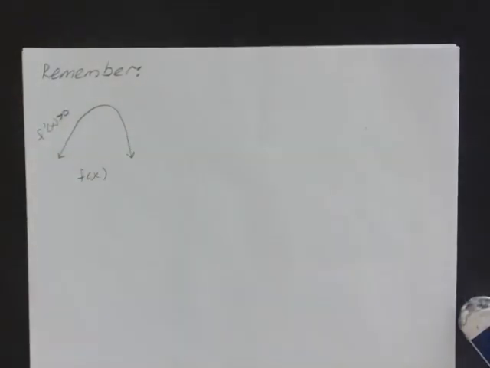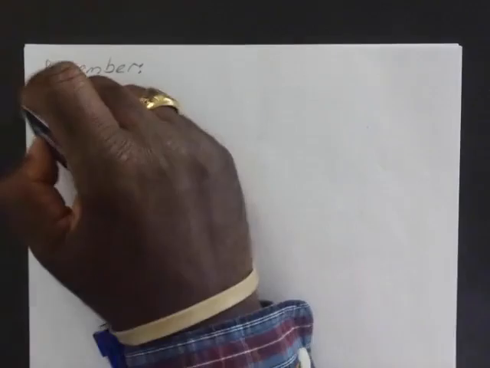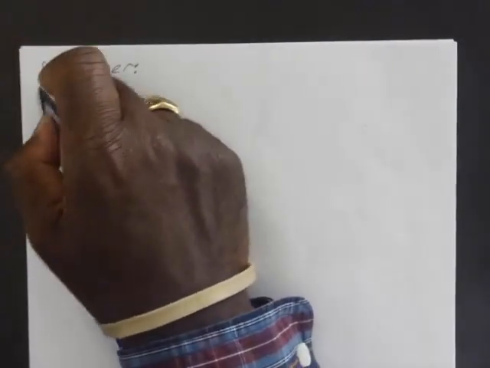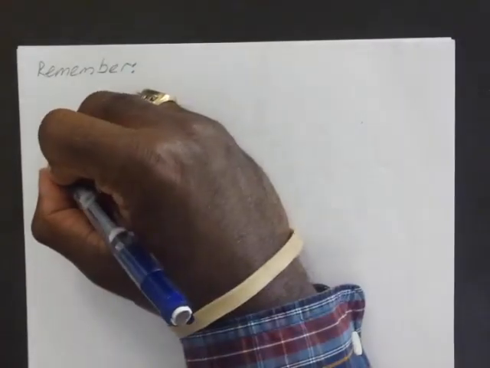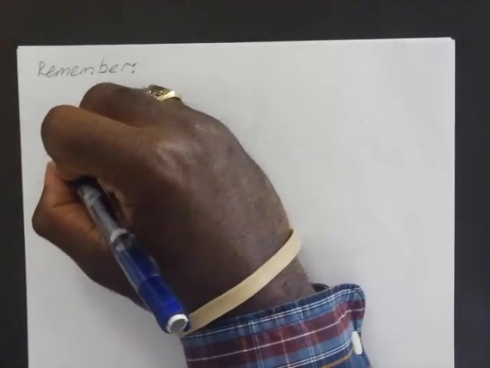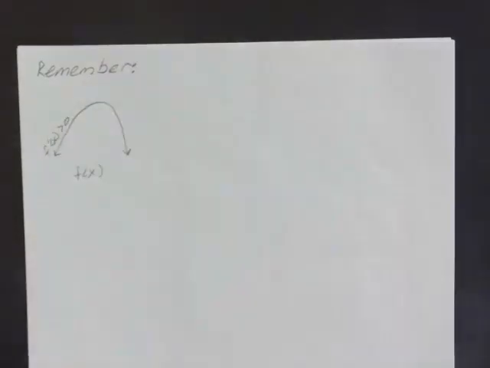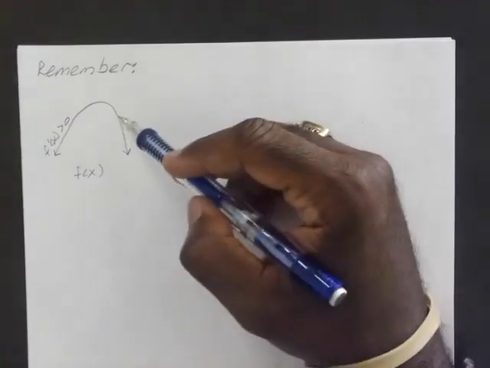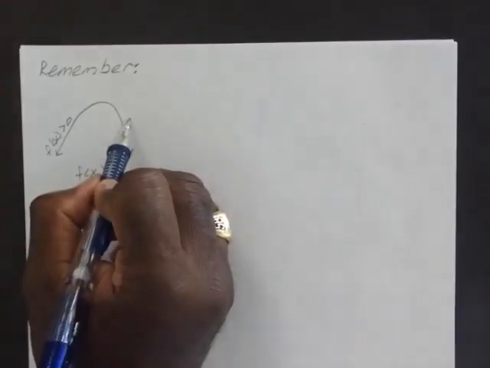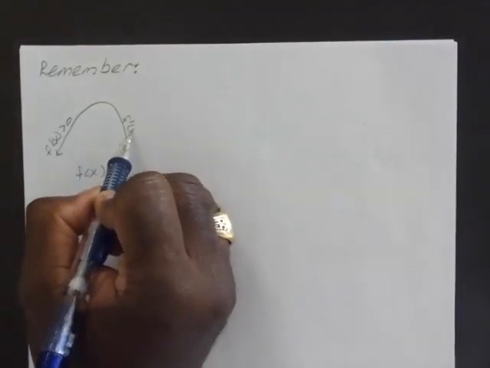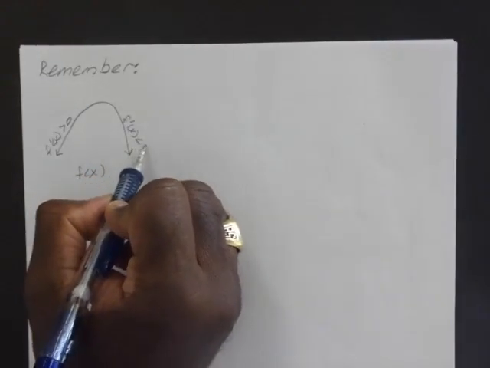Actually, let me move that down just a little bit so it won't be in the way of the rest of my writing. So f prime of x is greater than 0. And we know whenever the graph is decreasing, the slope of the tangent line is negative, or we know that f prime of x is less than 0.